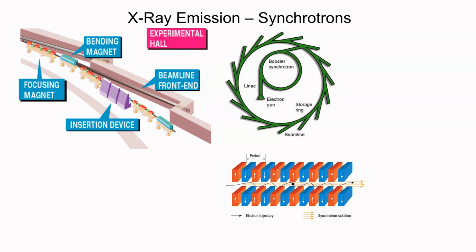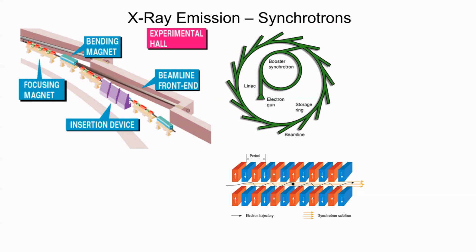So then every 10 minutes or so, the electron gun fires again, and you get another burst of electrons into the booster ring, and then injected into your synchrotron, and you see your light levels go up again.